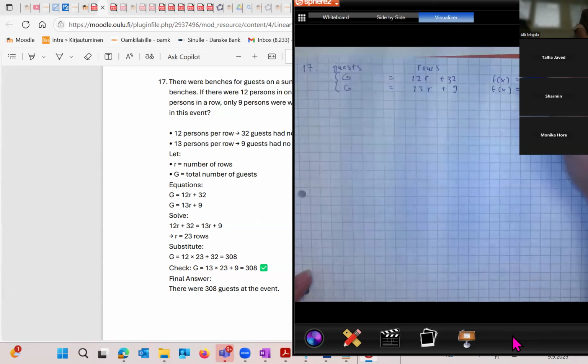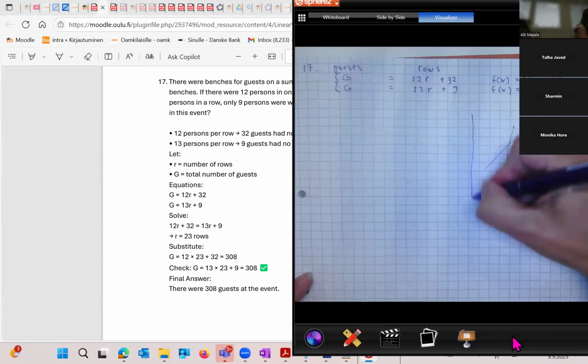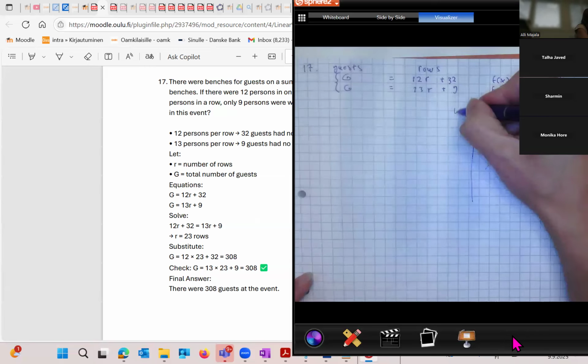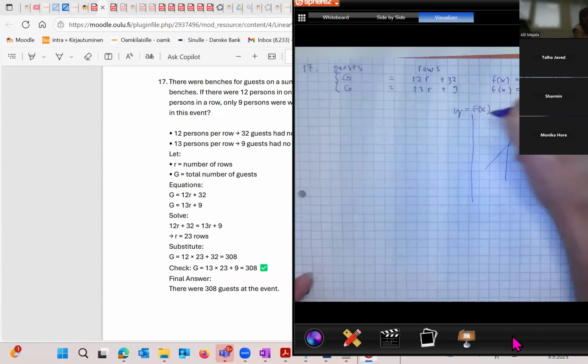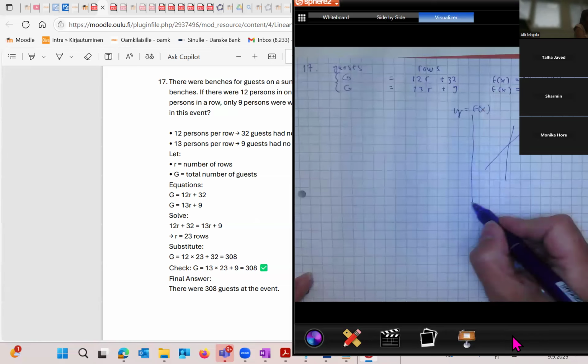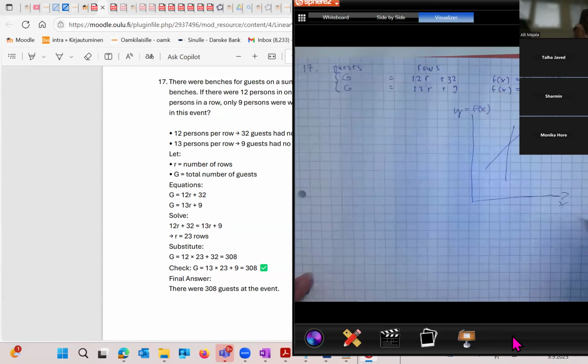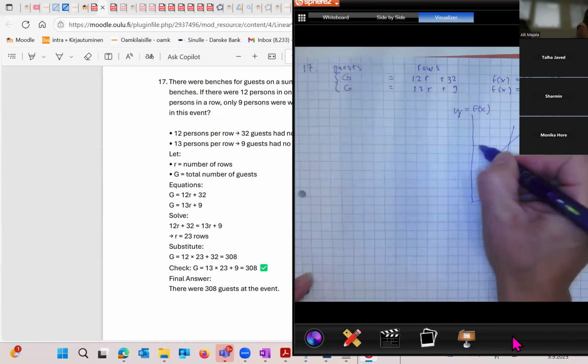Okay, so when these lines go, whatever lines they would be, and they go something like this, and here is the y value, which is fx, and here were the x values. But this is what you want: the same y value for both.